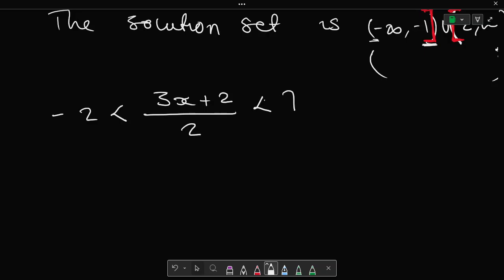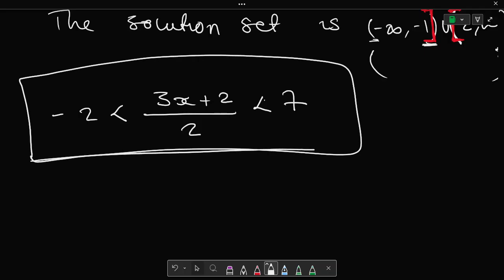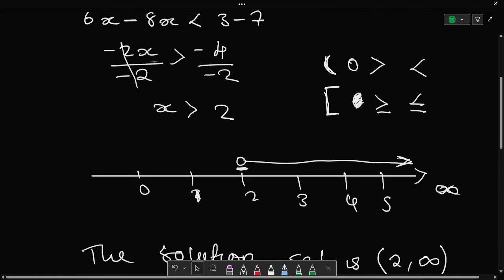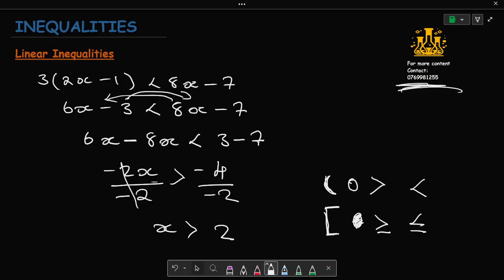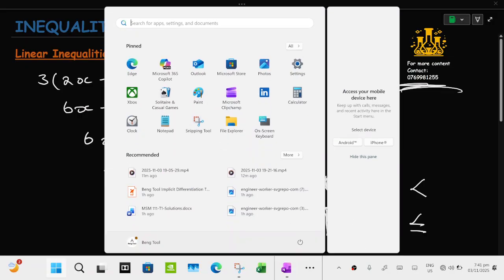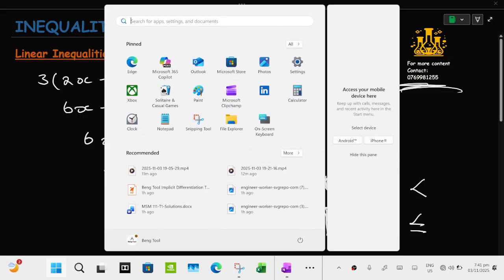You should send the solution to this same number that you see on the screen, and I'll tell you if you're either correct or wrong. But I know most of you are very intelligent and you are going to be correct. All right, bye bye.